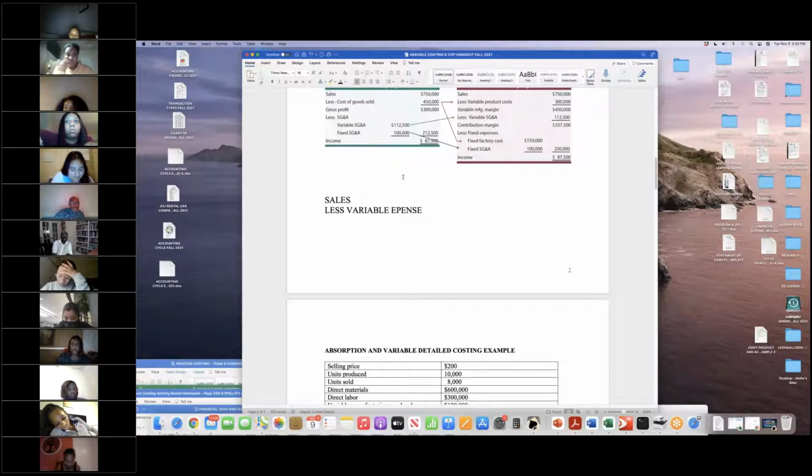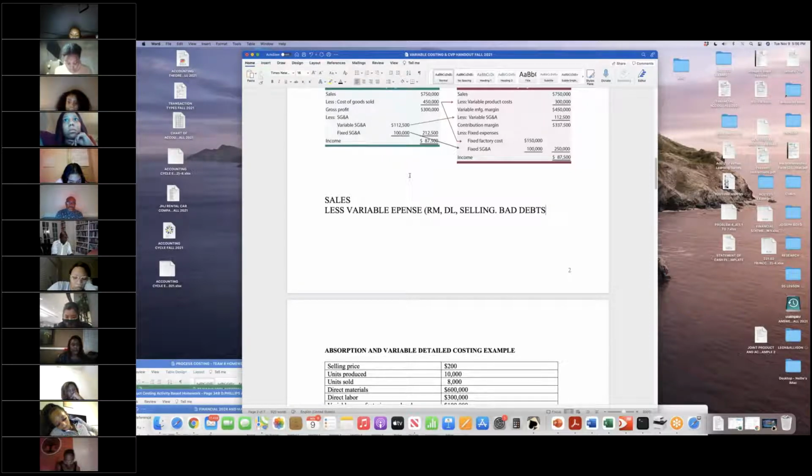The variable expenses are typically always going to be the raw materials, direct labor, put the DL for that, selling expense, and bad debts, because the bad debts are going to be a percentage of sales.